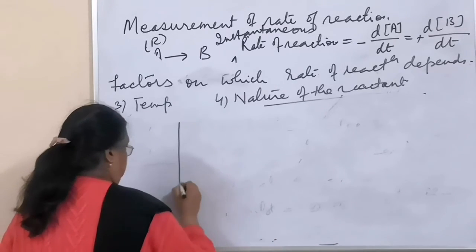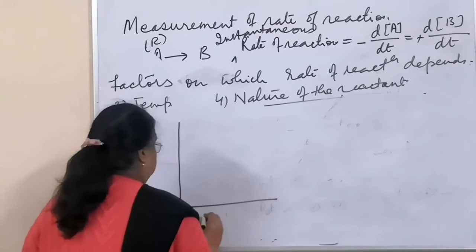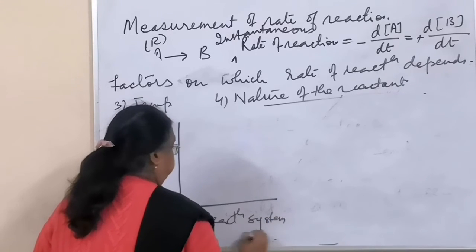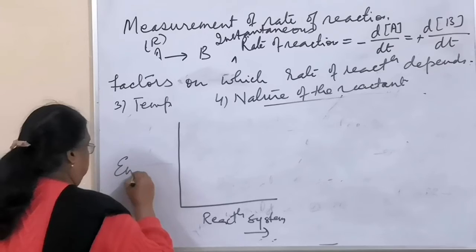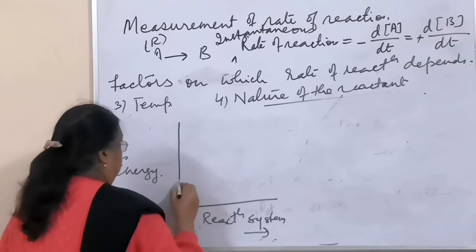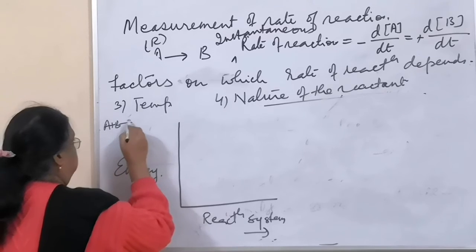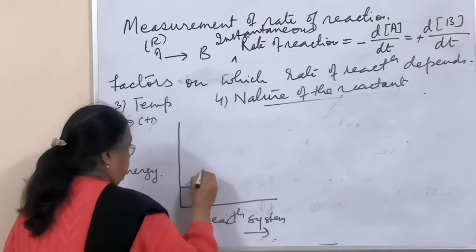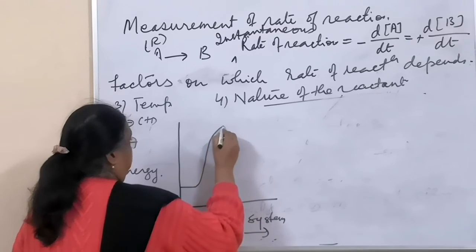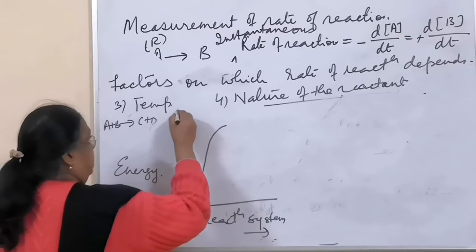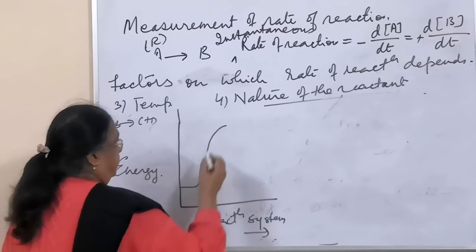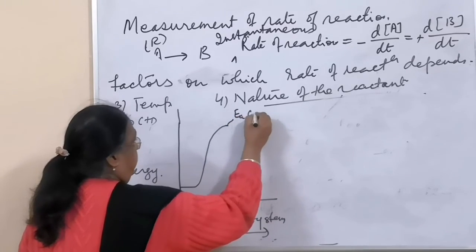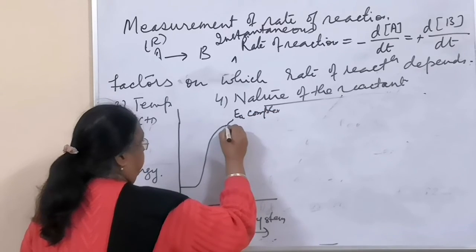If I plot a graph, this graph we have done, suppose this is your reaction system, and here is your energy, and the reaction is A plus B giving you C plus D. A plus B have some amount of energy, they absorb energy and their old bonds break, as we have done in the catalyst chapter, and they reach the activated complex state, and then the product is formed.